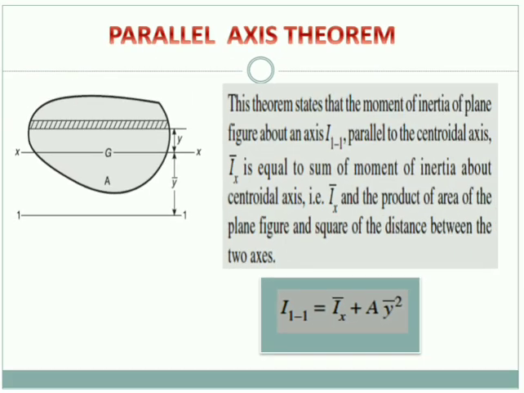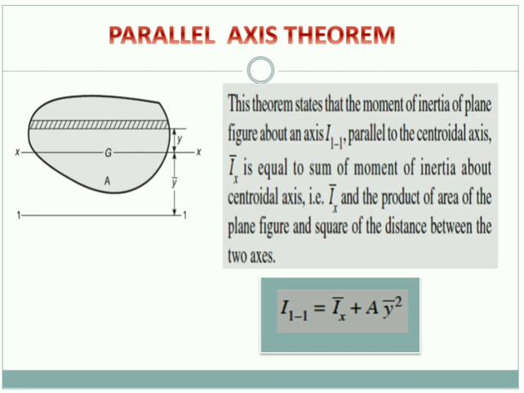Then our parallel axis theorem states that if we want to find moment of inertia of the given area about 1 1 axis, then we can directly find it by adding Ix, that is the moment of inertia about centroidal axis, plus total area multiplied by the square of the distance between the two axes. So this is what the theorem of parallel axis states.